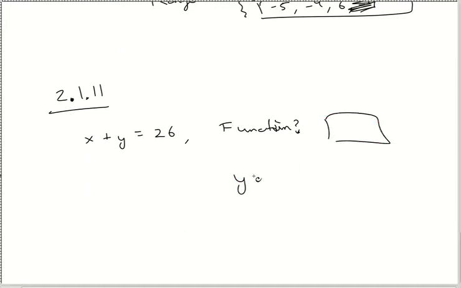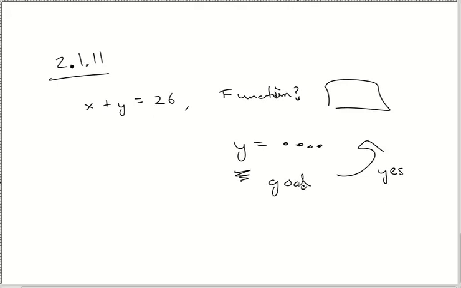I'm basically saying y equals blah, blah, blah. A single y. And if I can get this, my goal here is to get this. If I can get this, then I would say yes, it is a function. Okay. If I can't get a single y by itself for some reason, then I would say no.